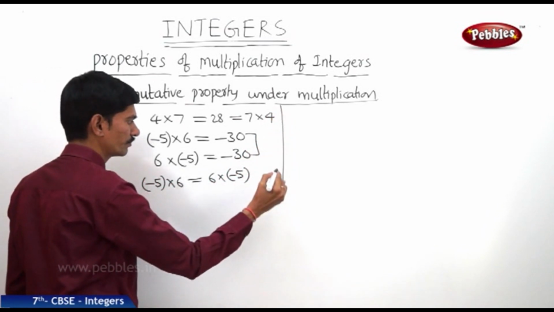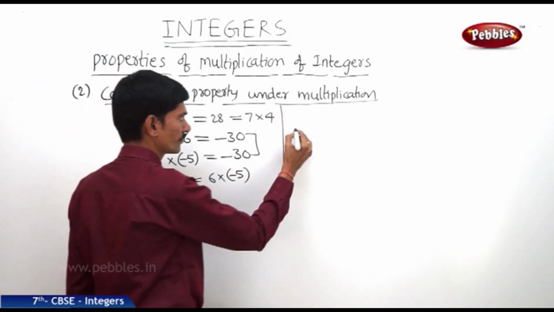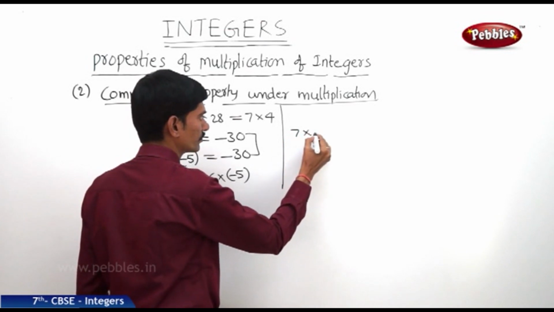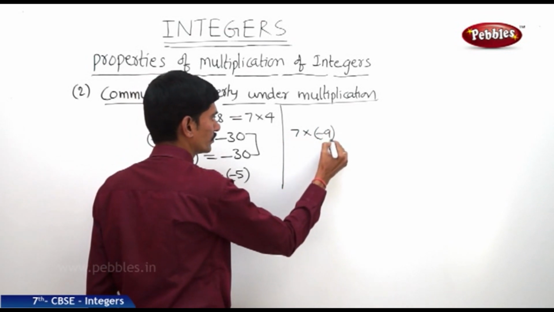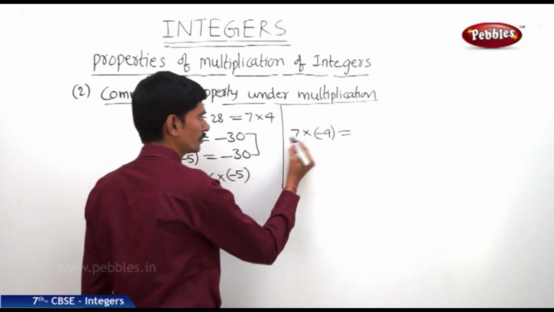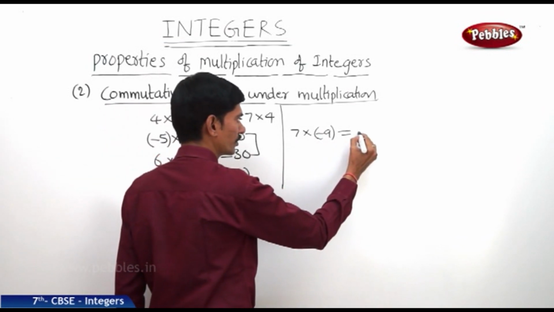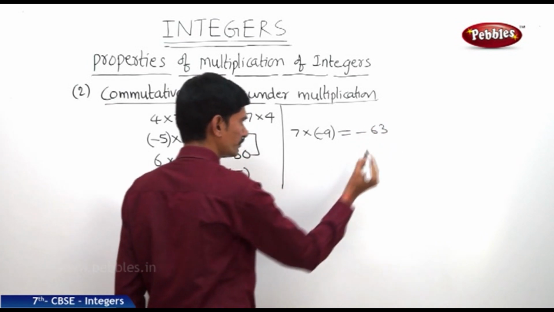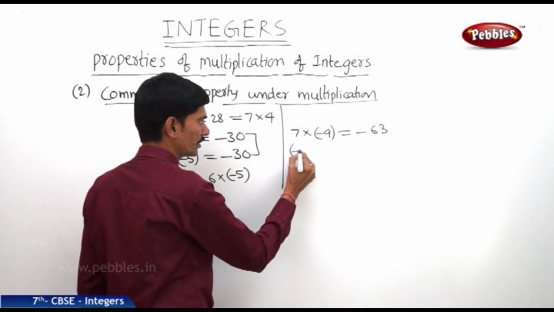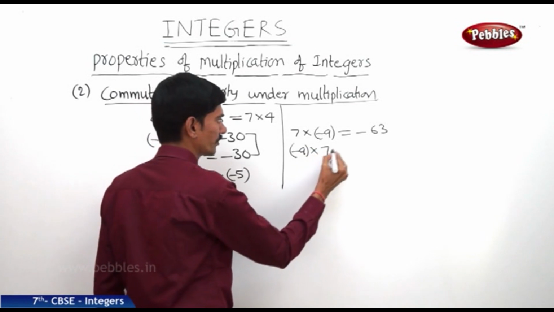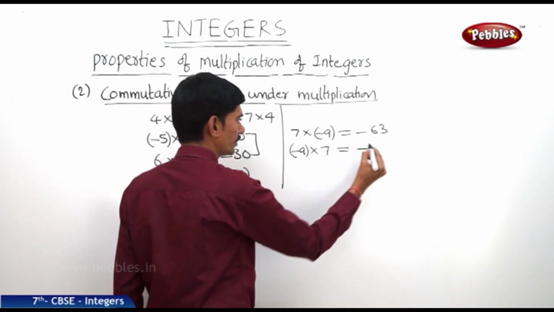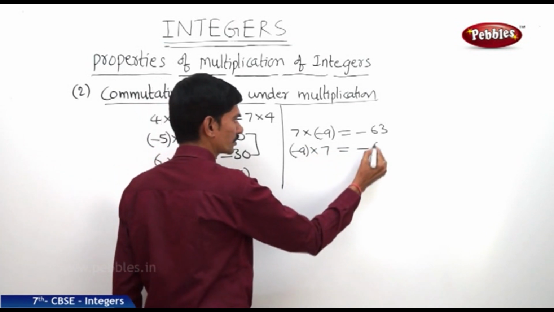Let us take another example. 7 into minus 9. So here the product of a positive and a negative integer, what is their product? 7 into minus 9 equals minus 63. Then what is minus 9 into 7? So this is also the same, minus 9 7s are 63.